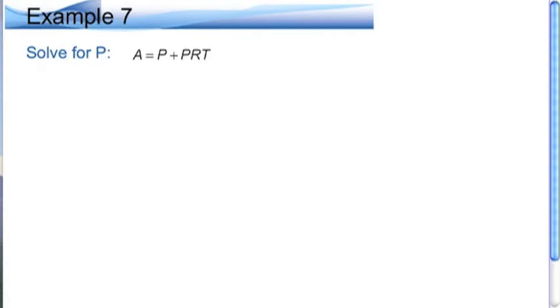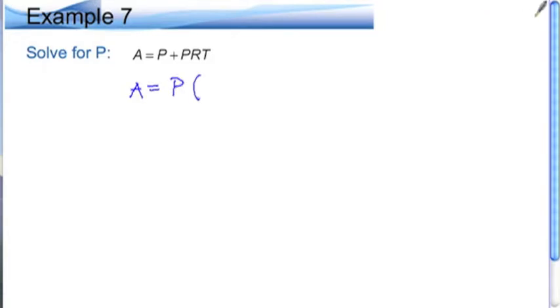Let's look at a couple more. Here we have example 7, and we would like to solve it for p. If you notice, there are two terms here that contain p, not just one. Anytime that happens, what we need to do is factor the desired variable out. So since I would like to isolate p, the only way to do that when we have two terms is to factor it to the front.